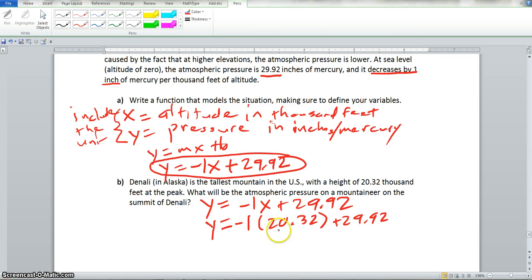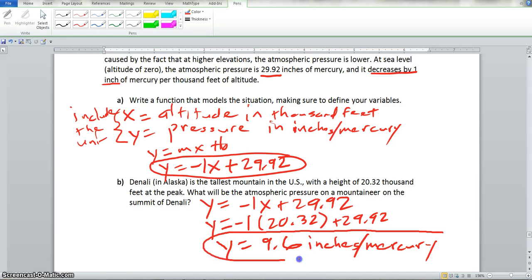So when we multiply this out, this would give us y is equal to 9.6 inches of mercury. And this is our final answer.